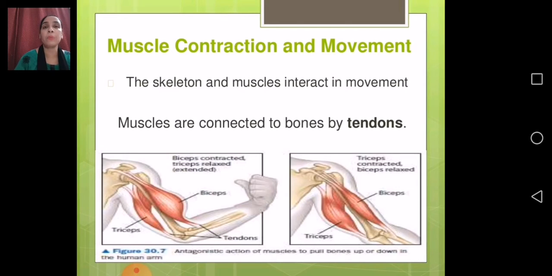So that will allow movement, like when you are holding anything in your hand, these muscles, biceps and triceps, play an important role in contraction and movement of the body. So biceps and triceps are very, very important. Go through it. Biceps is the upper muscle and triceps is the lower muscle.